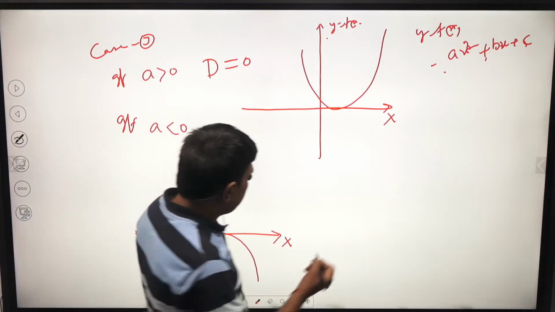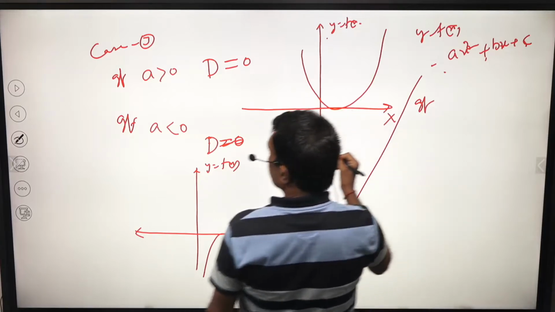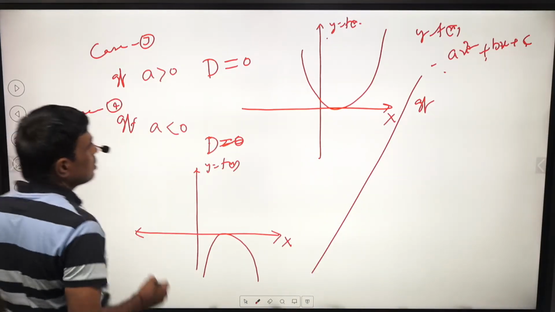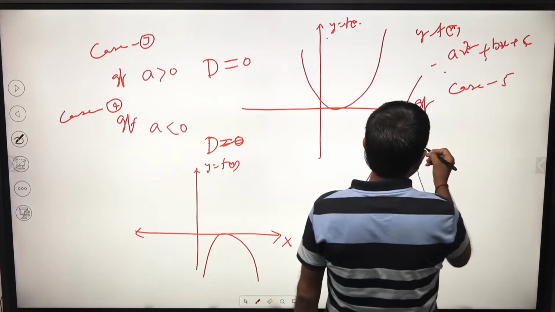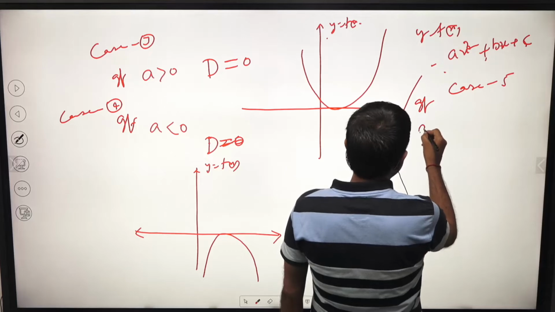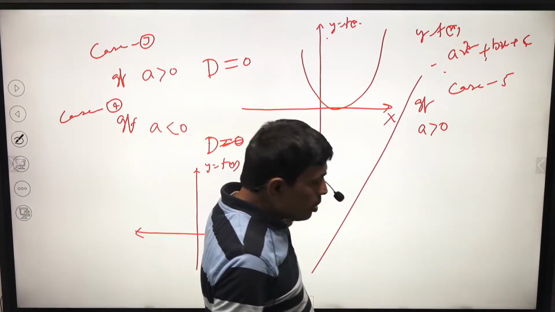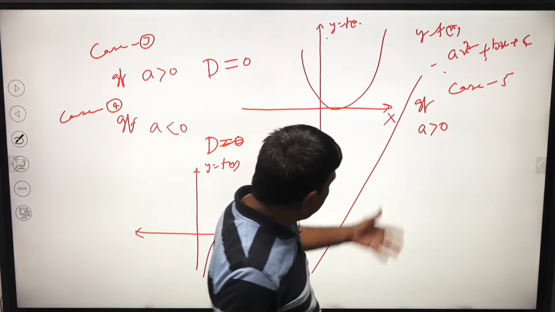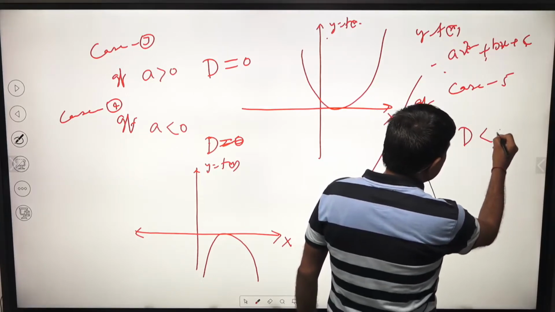Next, this is case third, case 4, and next case 5. Case 5: if a is greater than 0, the polynomial curve opens upward, and D is less than 0.